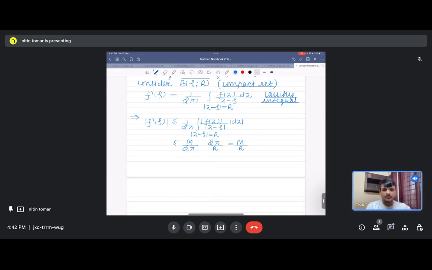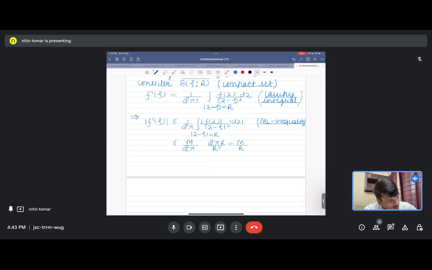You have heard this ML inequality, so you please refer to that. Oh, this should be square, right? Yes. Please observe carefully: for the derivative, it should be square in the Cauchy integral formula.